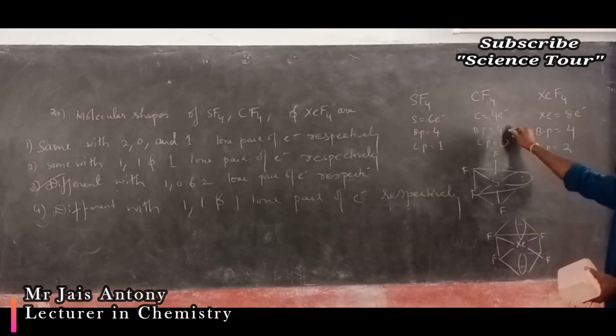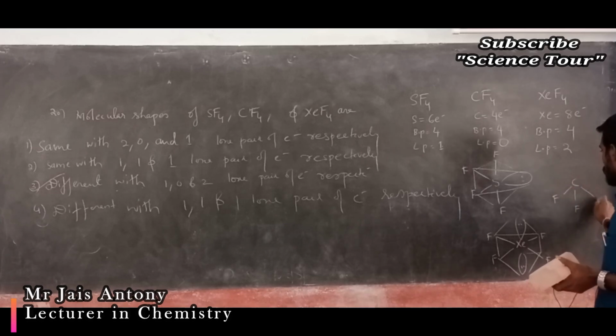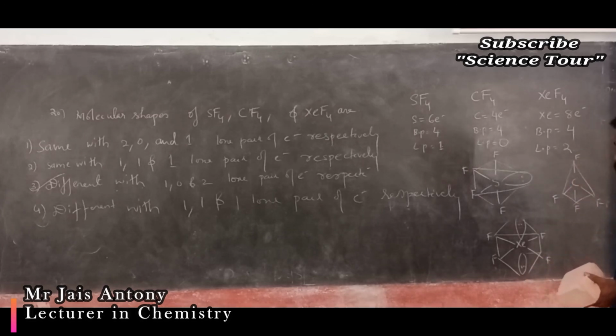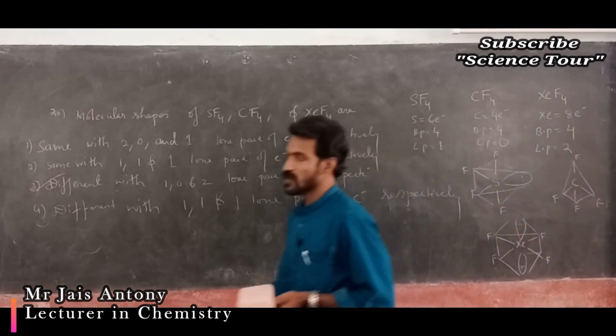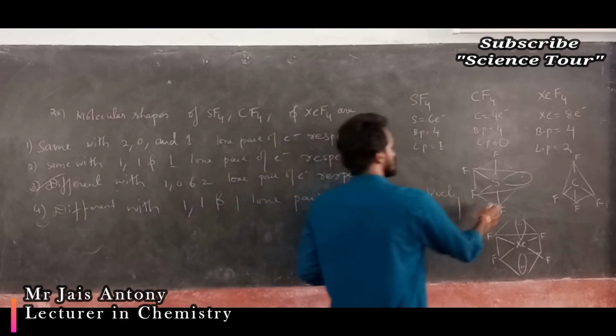And CF4 is C with F, F, F, F. This is a tetrahedral shape. XeF4 is square planar. No doubt, my dear students, the shapes are different.